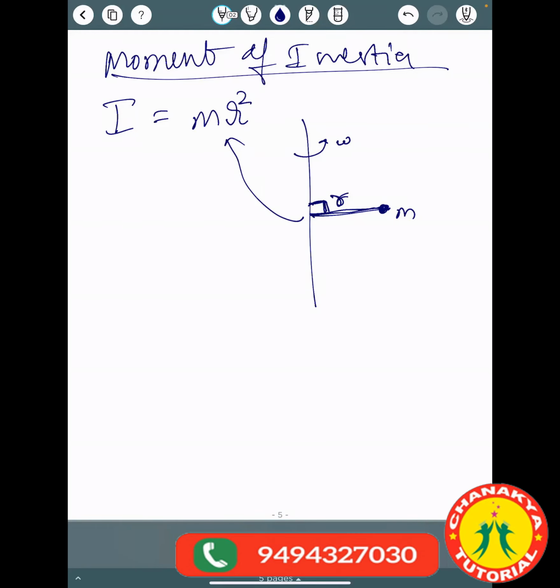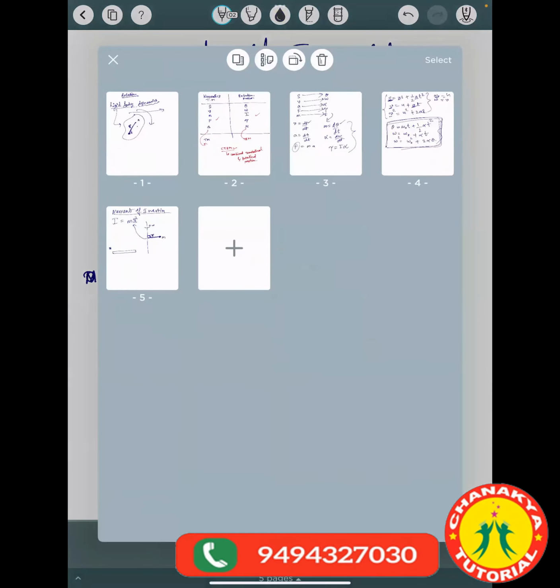There are standard moments of inertia you need to remember. One is the rod. Let us make it like a chart on the next page. First is a rod.